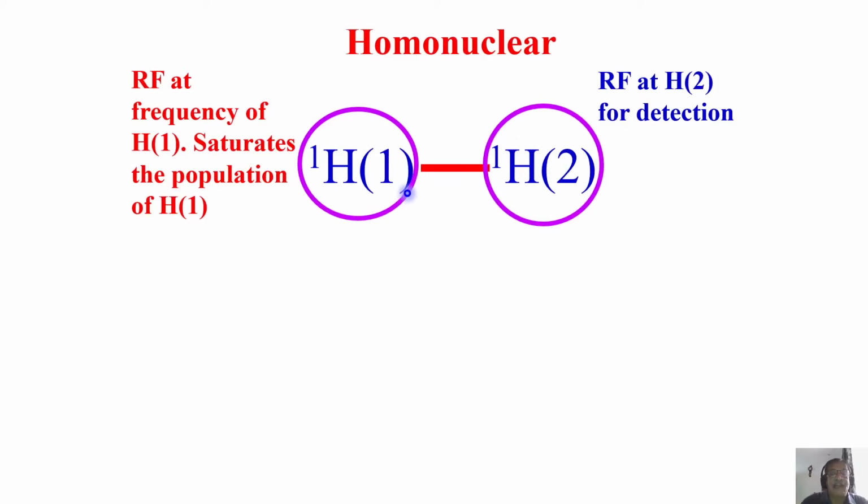If it is a doublet, let us say this proton is coupled to this, it will make it a doublet. If this is also coupled to another proton, this makes it a doublet of doublets. Now, when I decouple this proton from this, what is going to happen on the spectrum? This will appear like only a doublet because you are breaking the coupling between this and this.